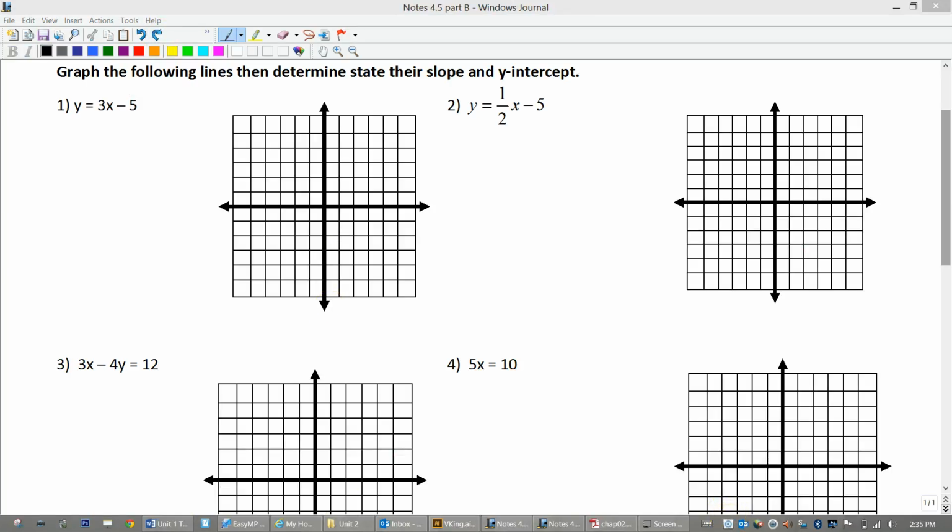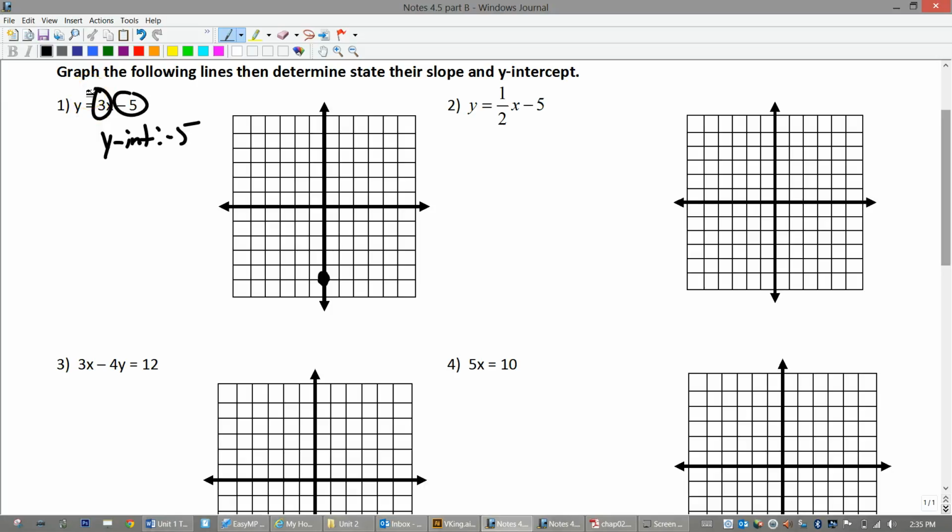Okay, so one way was recommended to first graph the y-intercept, which is negative 5. So first graph that, 1, 2, 3, 4, 5. First graph the y-intercept at negative 5. And then use the slope ratio, rise over run, y's over x's.